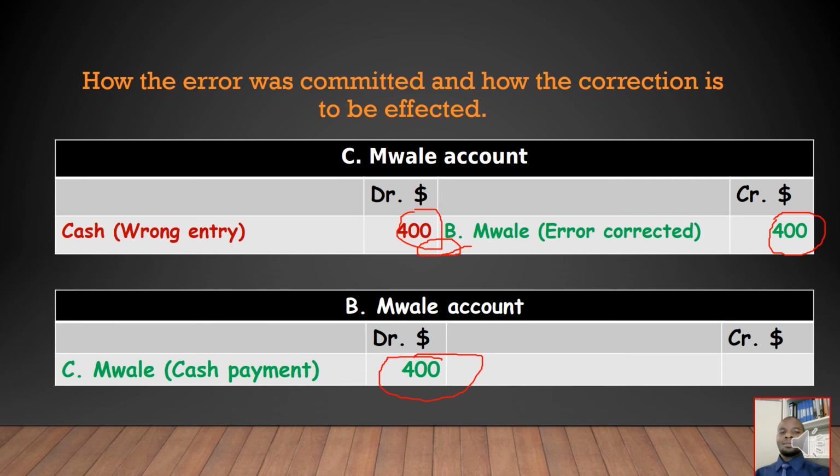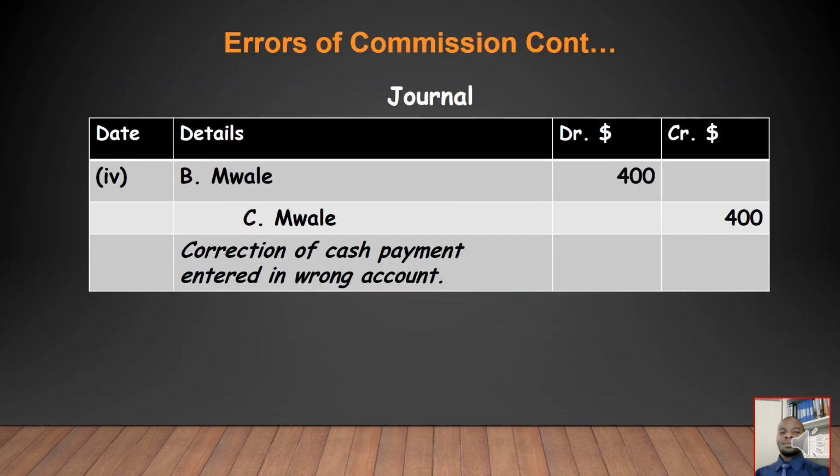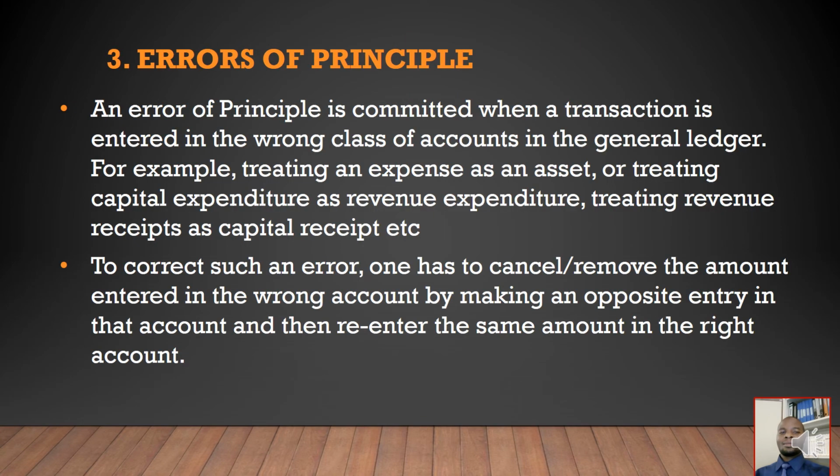Let's see how this is supposed to be done in the journal. In the journal, all we're going to say is to correct that error, B Mwale must be debited with $400 and C Mwale must be credited with $400. Being correction of cash payment entered in a wrong account. Well, let's move on to another error.